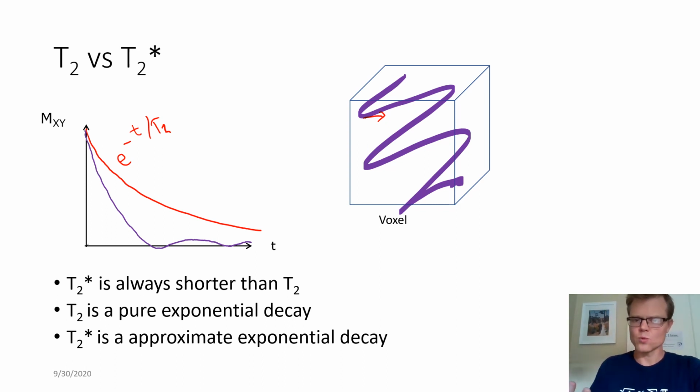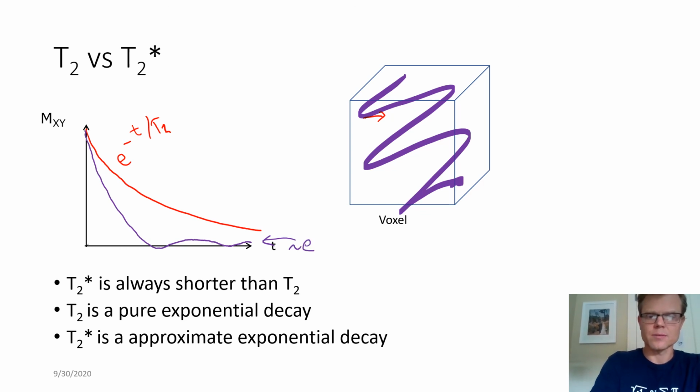That's because when we have the changes across the voxel that lead to T2 star accelerated decay, we don't necessarily get an exponential pattern. It really depends on the variation in the magnetic field across this voxel, and we approximate it as an exponential decay.